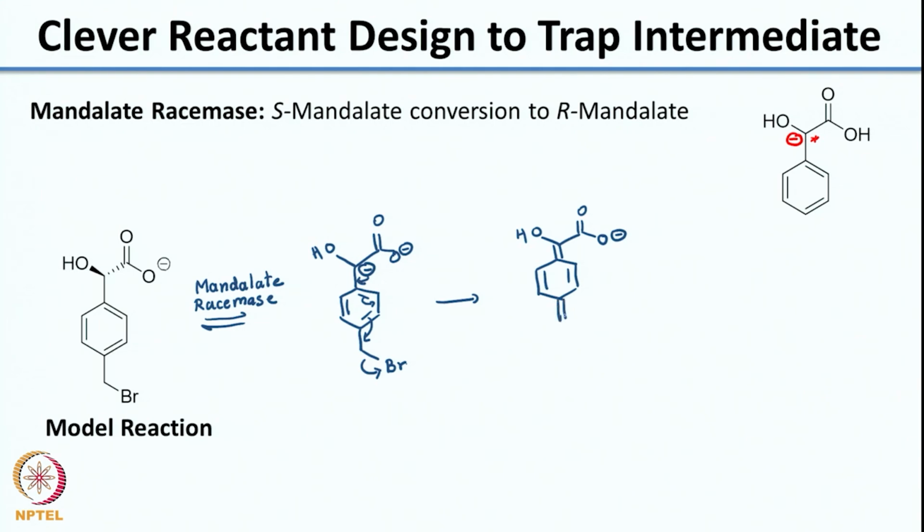Once you form this elimination product, indirectly you know that you have generated the carbanion intermediate. So, this is a very nice method where one can use a model reactant to trap a particular intermediate. This shows you a very nice example of how the reactant was modified to give you insight into how an enzyme works in biology.